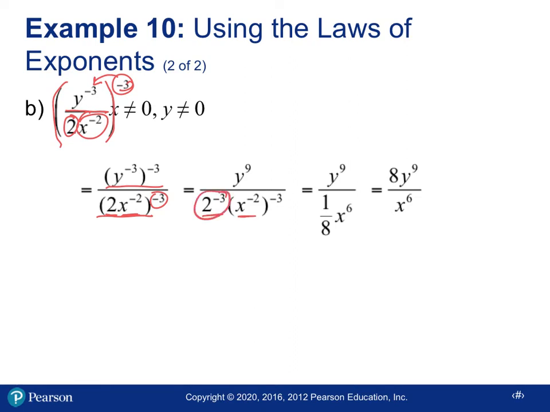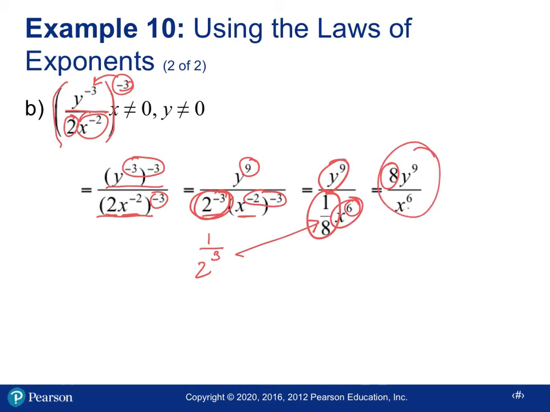He has to also have the exponent placed with it. The negative 3 times negative 3 gives you the 9. The negative 2 times negative 3 gives you the 6. 2 to the negative third is 1 all over 2 to the third, which is 1 over 8. And then when you divide a fraction by a fraction, you're going to multiply by the reciprocal, so that's how you get the 8 in the top. The y to the 9th stays, the x to the 6th stays, and that's your final answer.